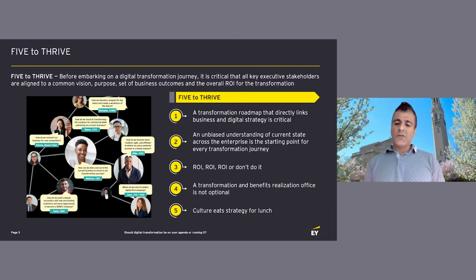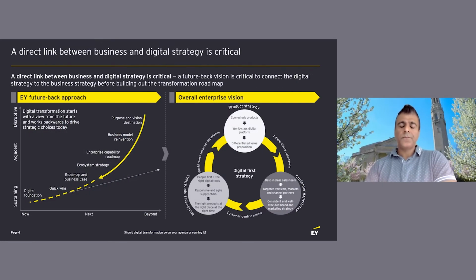As they say, culture eats strategy for lunch. Irrespective of the strategy you have, if you don't get this right, everything else will fail. So I'll walk through these 5 things and give you a little more context of what we have learned engaging with many of our clients on their transformation journeys.